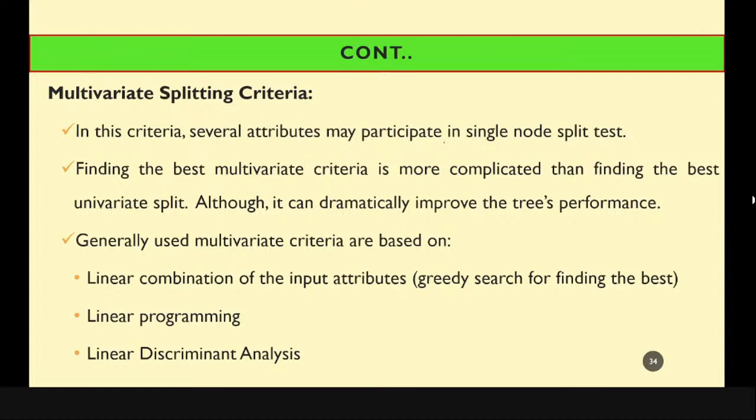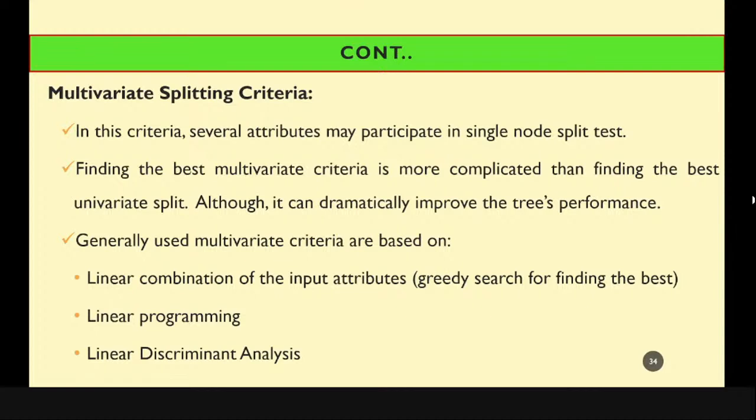As we have discussed in CART and ID3, only one feature is responsible for splitting, but in multivariate, many features can play their role in the splitting, forming the decision tree.